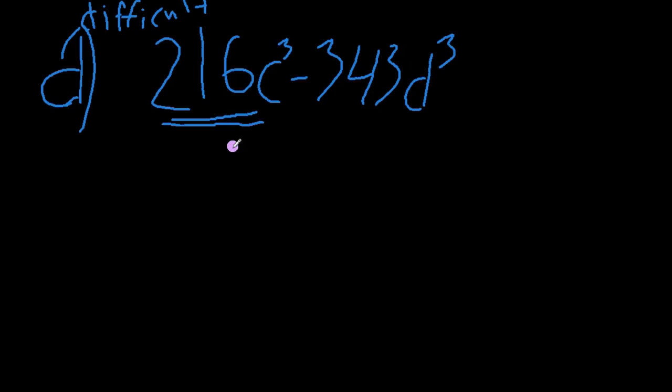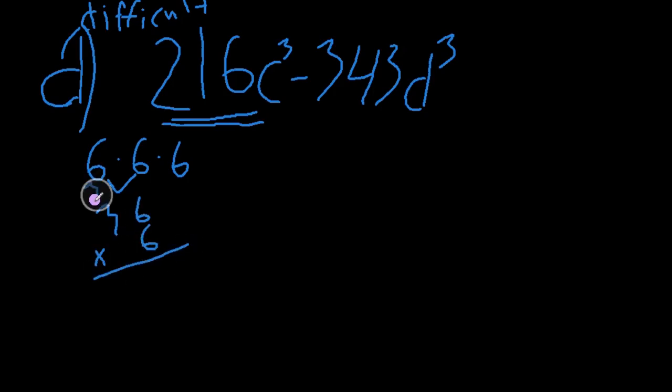You can either punch it into a calculator, or you can work it out on paper. 6 times 6 is 36, and then times 6 again. We get 36, 6 times 3 is 18, 18 plus 3 is 21. So, yep, that works. So that's 6 cubed.